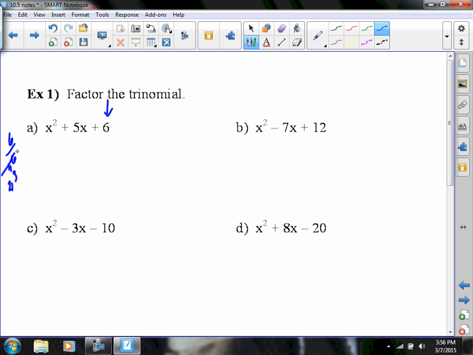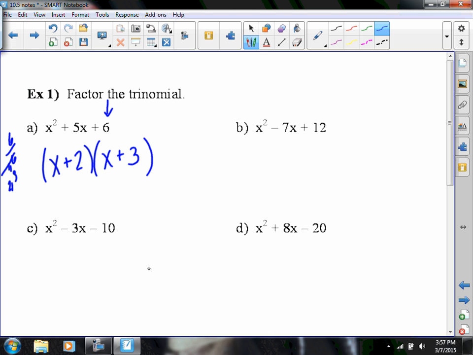So I'm not going to use the 1 and 6. If I use the 2 and the 3, those will add up to 5 if I make them both positive. And if I multiply them, they will multiply to a positive 6 as well. So I need the x, and the 2, and the 3, and I need them both to be positive.